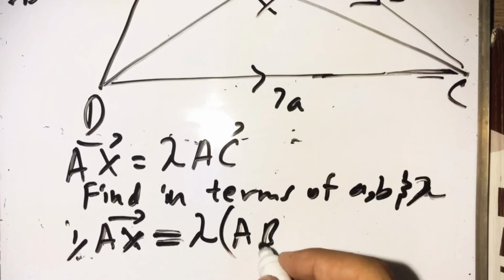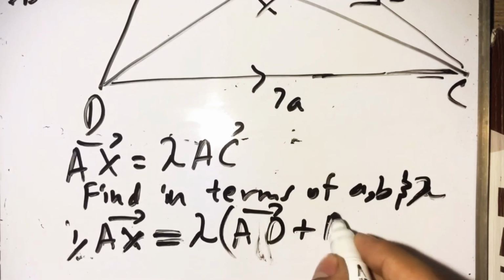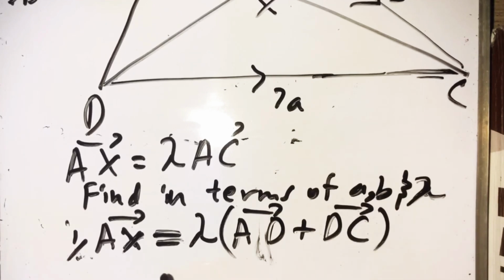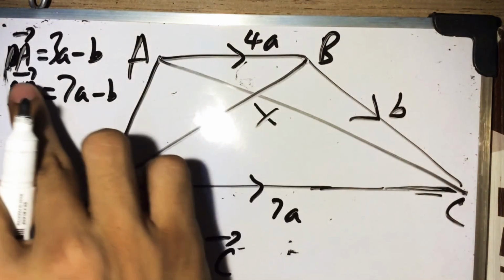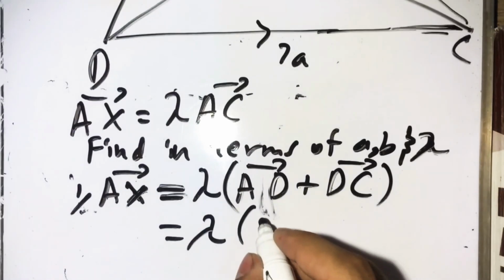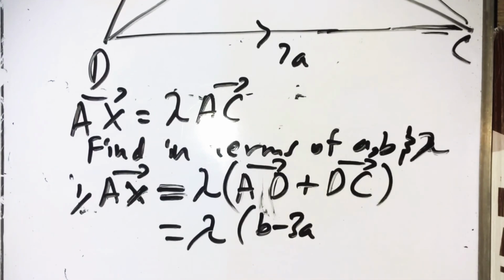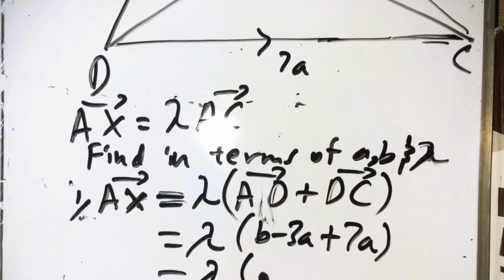So AX equals lambda times AD plus DC. DA is 3a minus b, so AD will be b minus 3a, and DC is 7a. So AX equals lambda times (4a plus b).